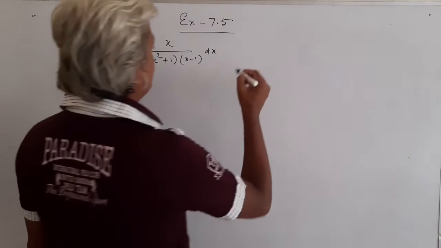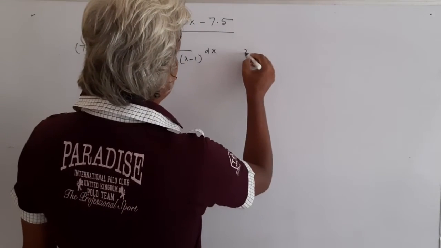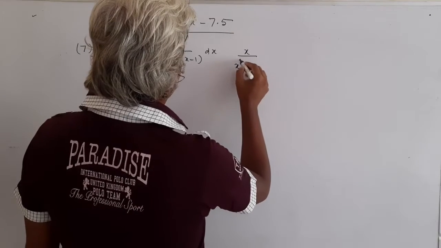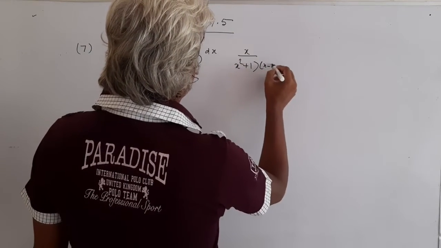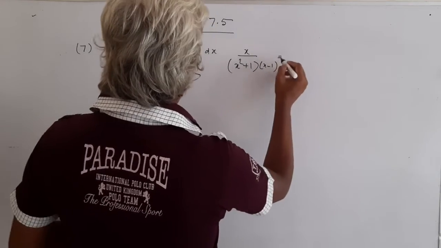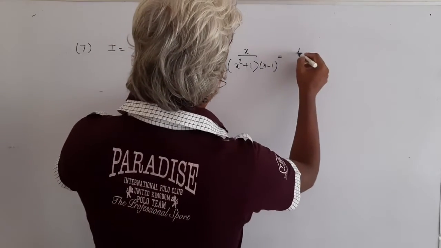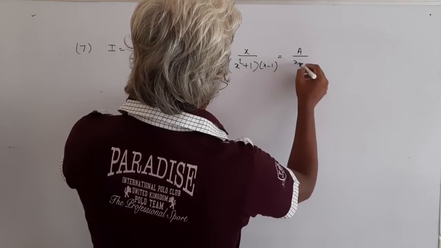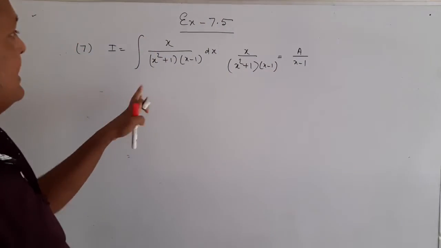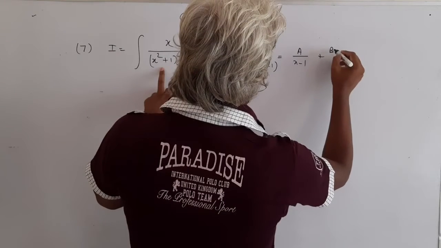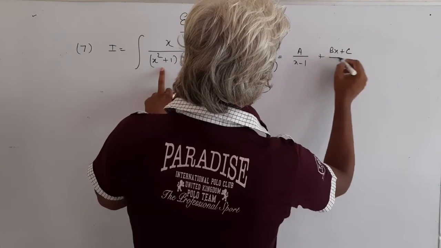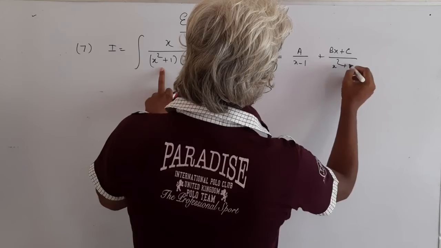Now pay attention. This can be written as x over (x square plus 1)(x minus 1) equal to: for the linear part you just write a over x minus 1, no problem, you can always write like that. But for this quadratic part you have to write bx plus c over x square plus 1.